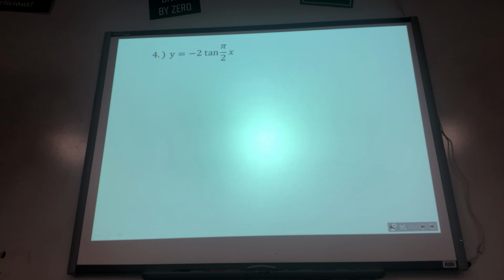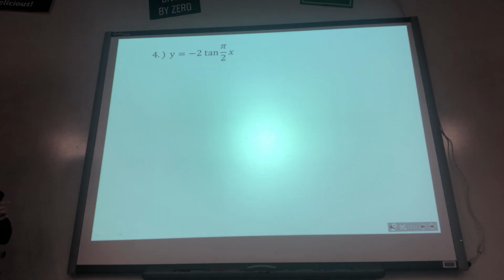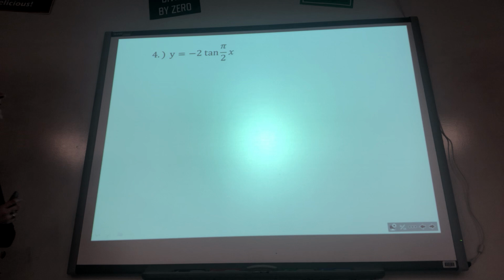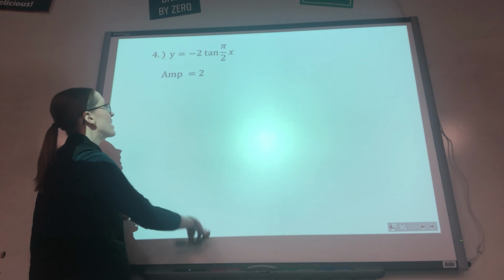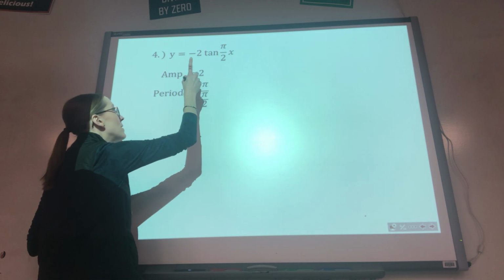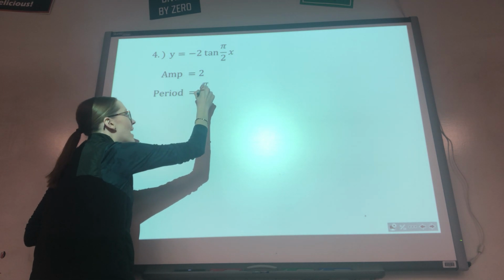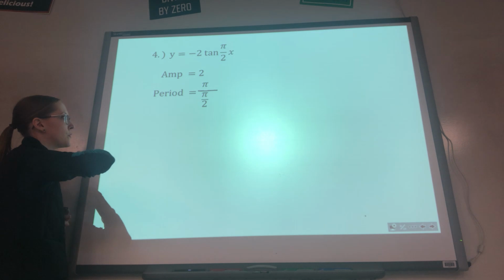Number 4, y equals -2 tangent of pi over 2x. -2 tangent of pi over 2x. What is the amplitude? 2. And the period, this is kind of weird, but I have to take pi divided by pi over 2.